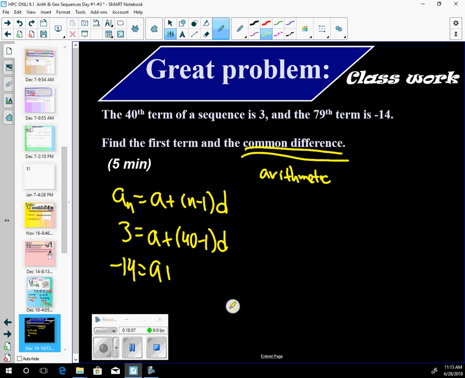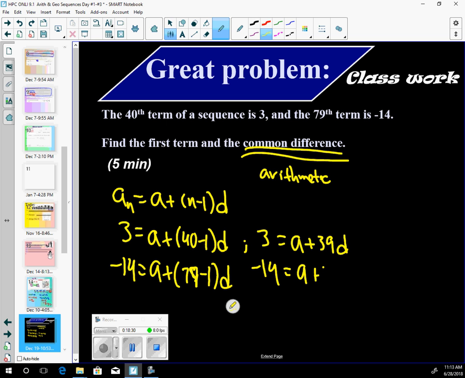We don't know A, but we know 79 minus 1 times d. So this is going to give you 3 equal to A plus 39d. And this is going to be negative 14 is equal to A plus 78d.